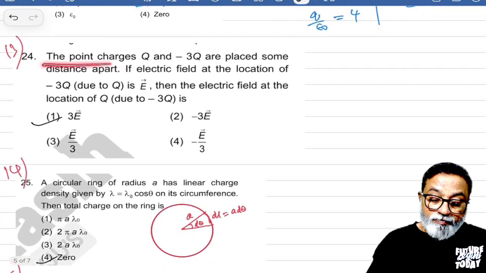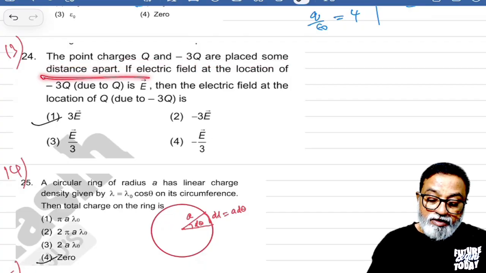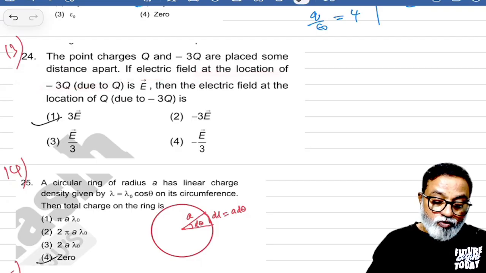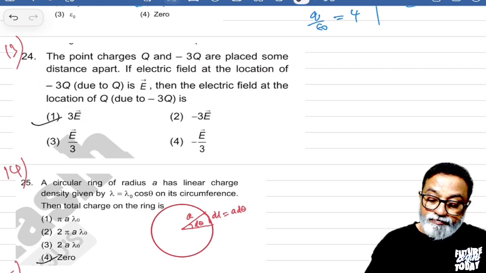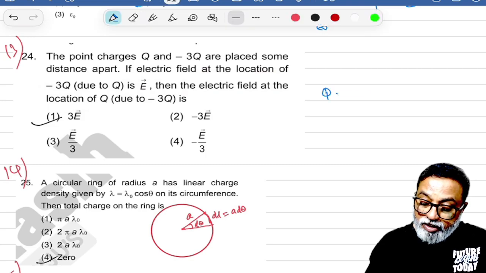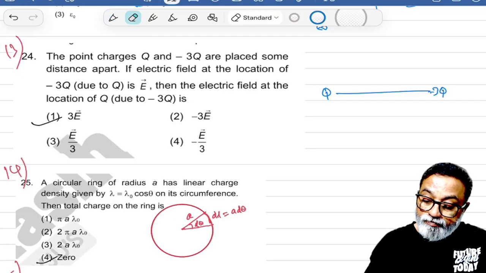Next one. The point charges Q and minus 3Q are placed at some distance apart. If the electric field at the location of minus 3Q due to Q is E bar, then the electric field at the location of Q due to minus 3Q is? See here, these are the two charges, one is Q and another one is minus 3Q.